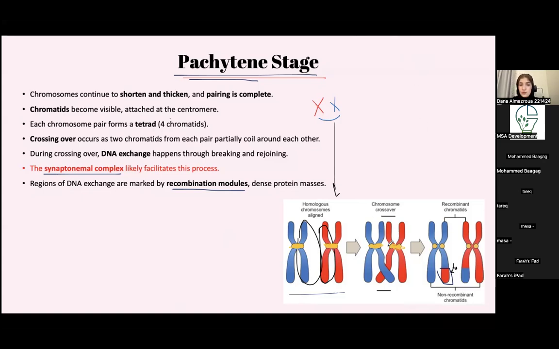They don't really contribute significantly, but what you really need to know for the sake of your lecture is that they're just present near the areas of crossing over. And whenever there is crossing over, you would see these proteins, the recombination nodules.